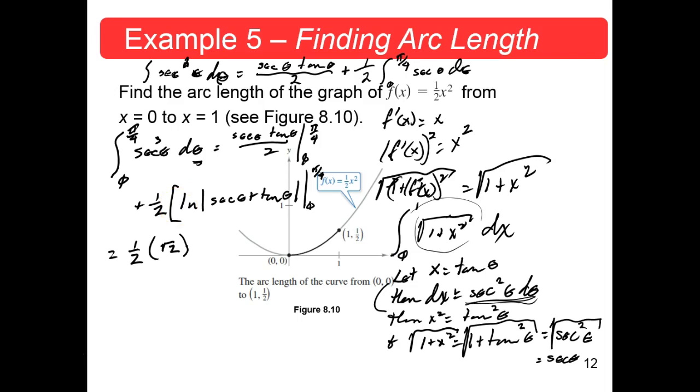And even though secant of 0 is 1, tangent of 0 is 0, so that one goes away.